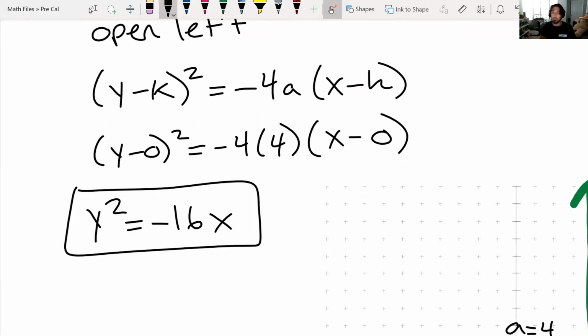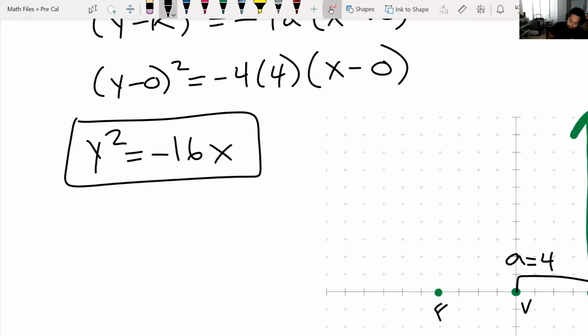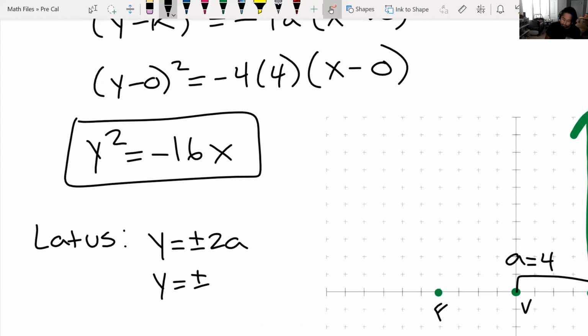Okay, and then let's find the points of the lattice again. Since this parabola opens to the left, we are still going to use that same formula, y equals plus or minus 2a. So we plug in our value of a, which is 4, and we get that from the focus, we have to go up 8 units and down 8 units to get our length of 16.